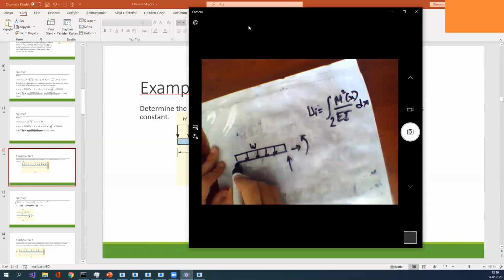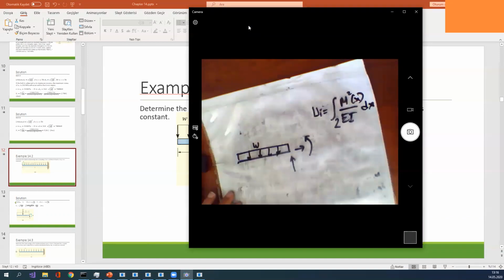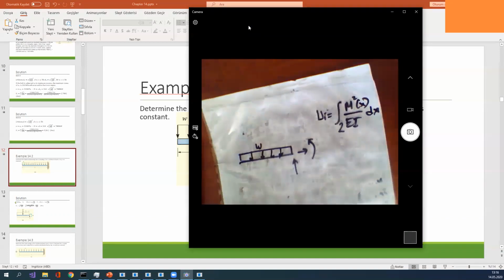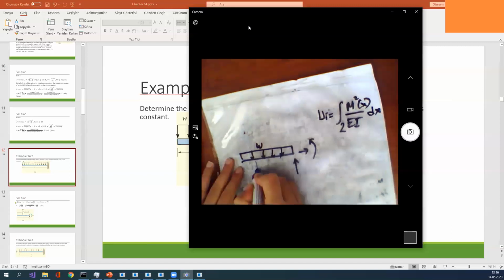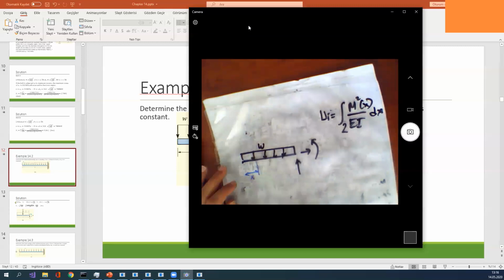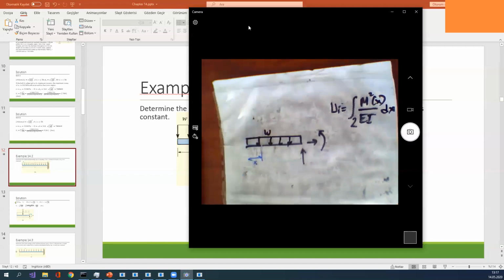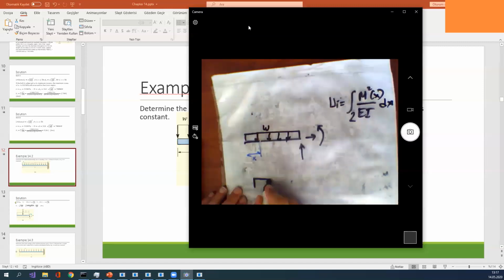Okay, I want the origin at this point. I want to take a cross section at x, and I want to take this part. After taking the cross section, the load is omega.